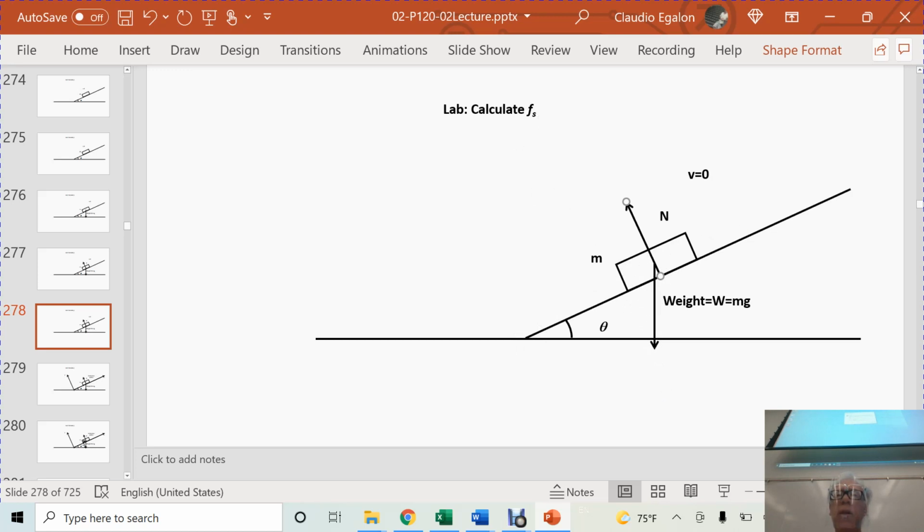But if there is friction, we must have a force of friction canceling out this component of the weight. It's going to be like that, more or less the same value. It's not going to be necessarily equal to the maximum value of the force of static friction. And I'm going to put it in a different color.